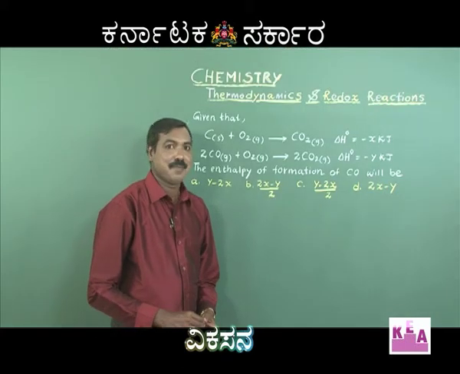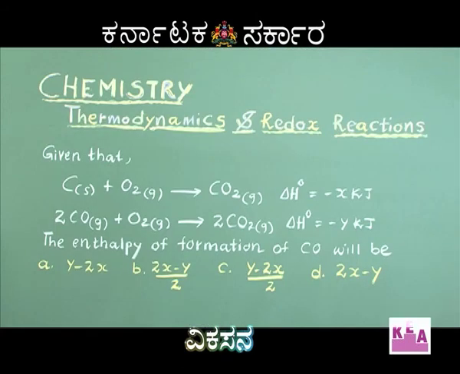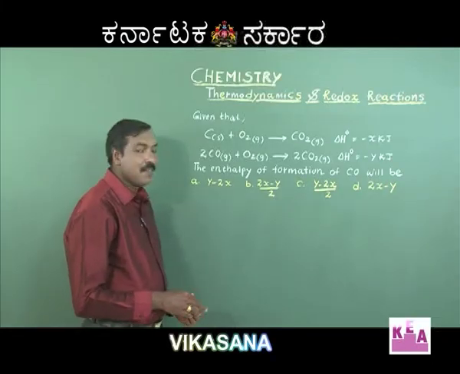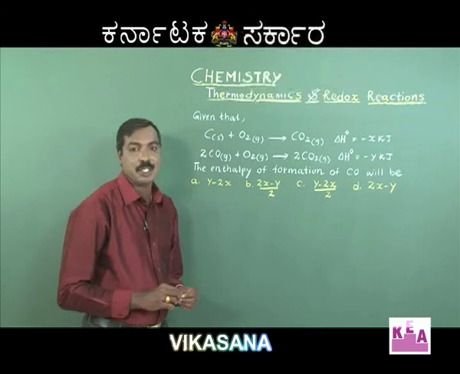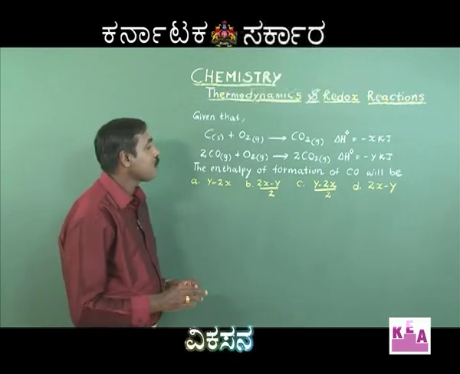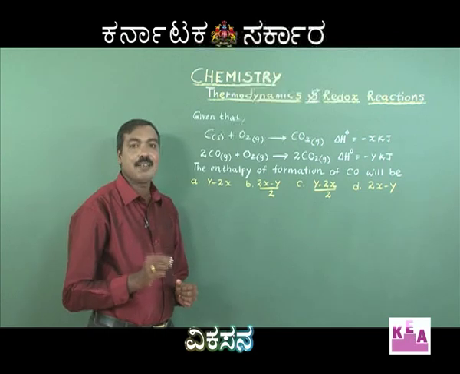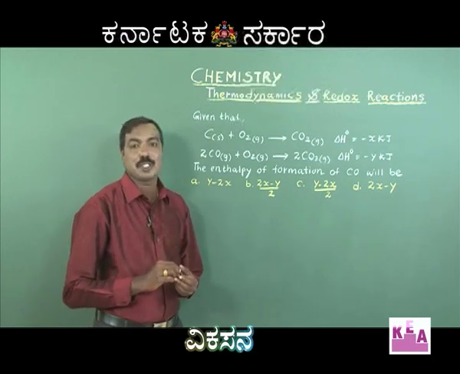Our next question. Given the enthalpy of combustion of carbon and carbon monoxide, what would be the enthalpy of formation of carbon monoxide? He has given the data for combustion of carbon and carbon monoxide and is asking you to calculate the enthalpy of formation of carbon monoxide.